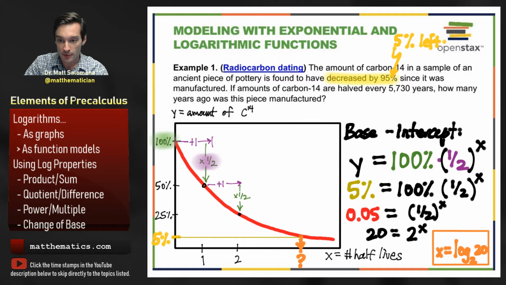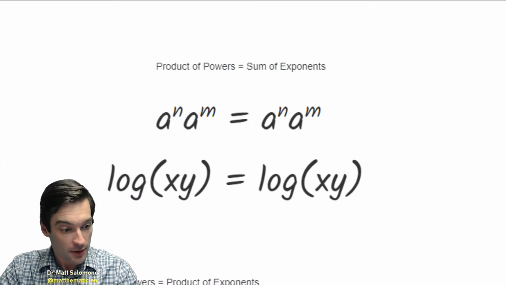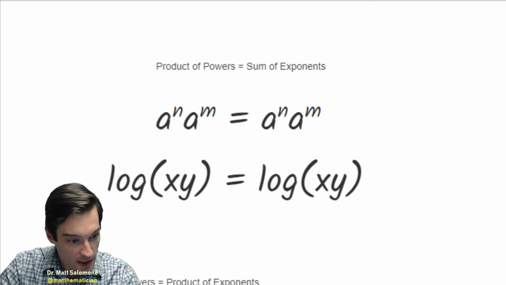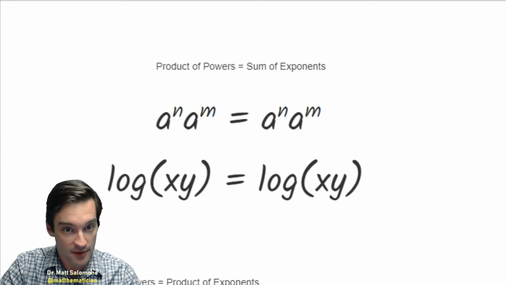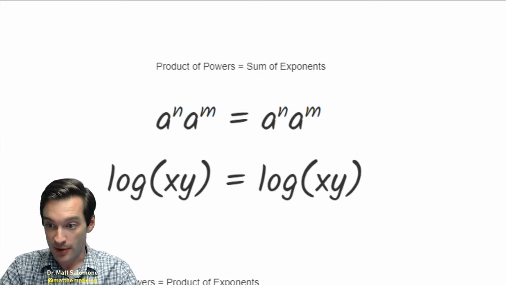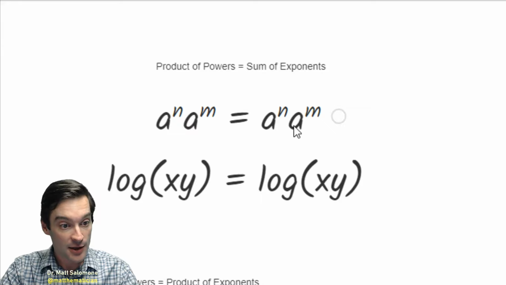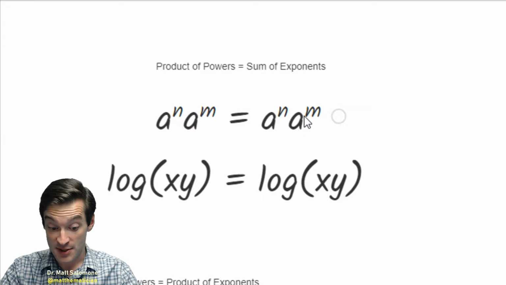Get my window set up here. Right, so we know, just from our previous algebra experience, what happens when I take two power expressions, a to the power n times a to the power m, and I try to multiply those two power expressions together.